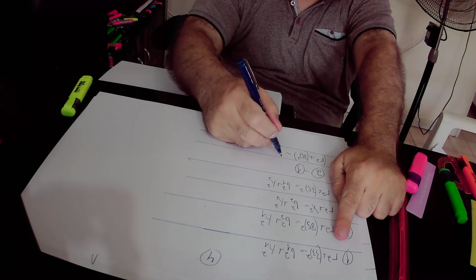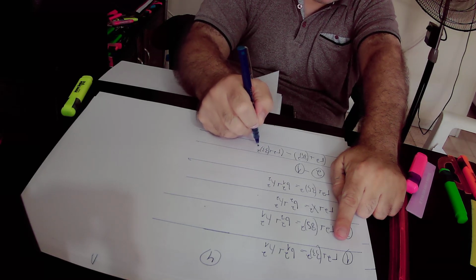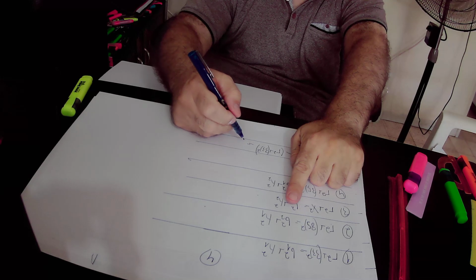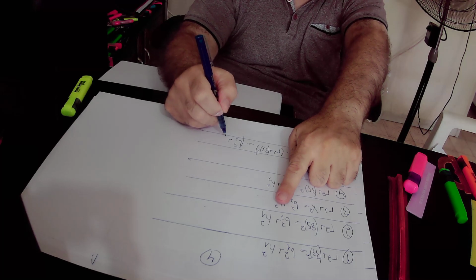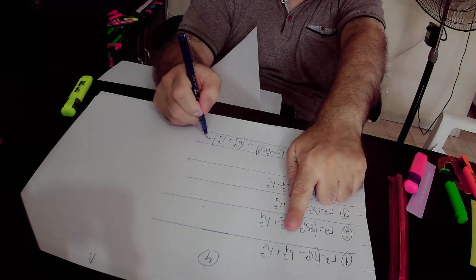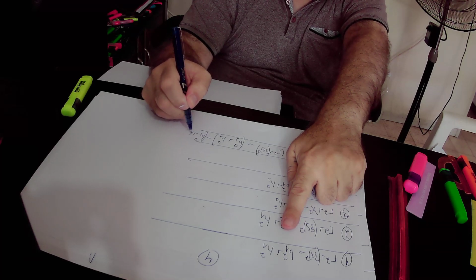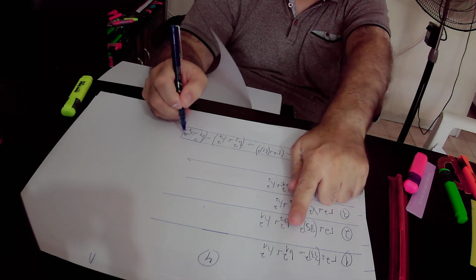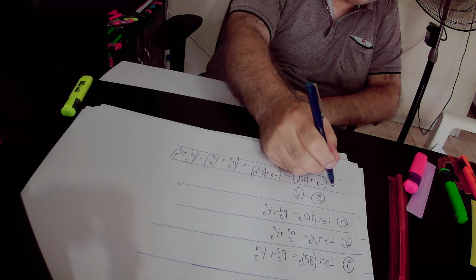In this side we have R square plus 33 square, and it must be equal to this side of equation number 2, that is B2 square plus H1 square, minus equation number 1 that is B1 square plus H1 square. So this will be equation number 5.